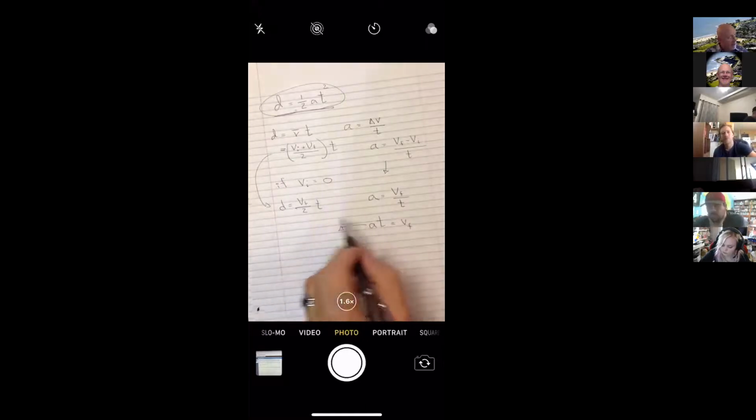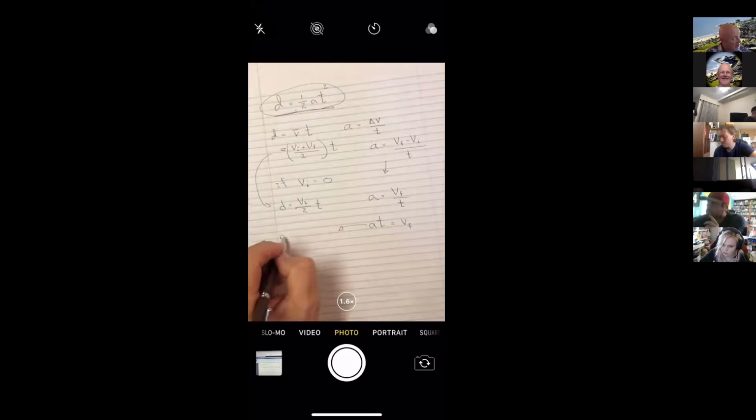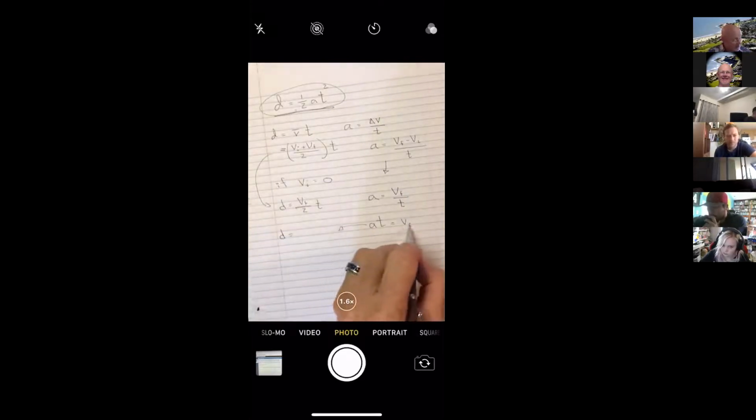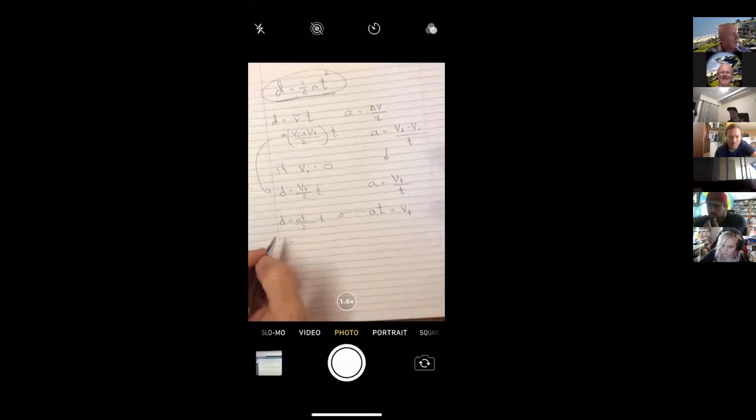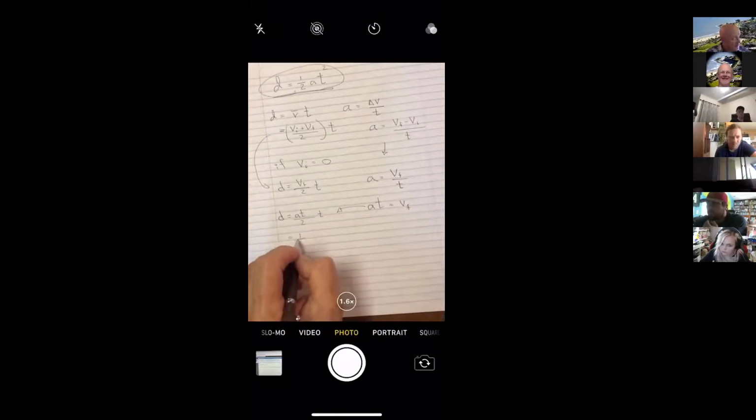Now, if I combine these two equations together, here's distance equals, and then right here at final speed, I'm going to put AT, and I still have a 2 and I still have a t. The last step is if I simplify this, I can write it as 1/2 AT squared.